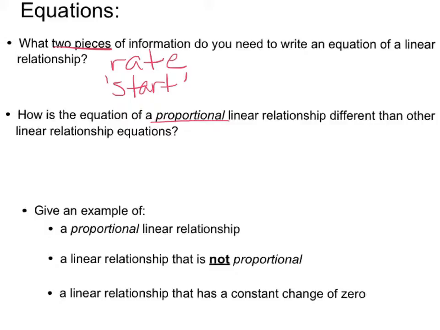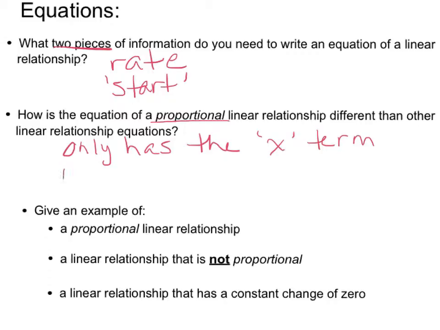How is an equation of a proportional linear relationship different than our other linear relationships? So remember, proportional is a linear relationship, it's just a very special one. And remember, the equation only has the x term. We could call it, it only has one term. It's that independent variable with something being multiplied by it.